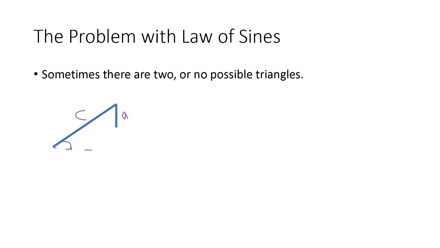It's impossible to have this angle with this side. There's no possible triangle here, because this angle tells us that this bottom side has to be coming out down the bottom. This bottom side has to be down here, right? And so with the bottom side and the side A, it's too small and it doesn't work. Okay.